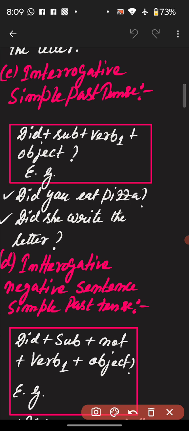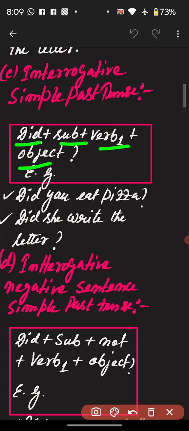So the structure is to start with did, that is the past form of the auxiliary, then subject, then the main verb in present form, because in a question you are also using two verbs and the auxiliary verb has already been used in past form, so the main verb will remain in its present form, plus object.